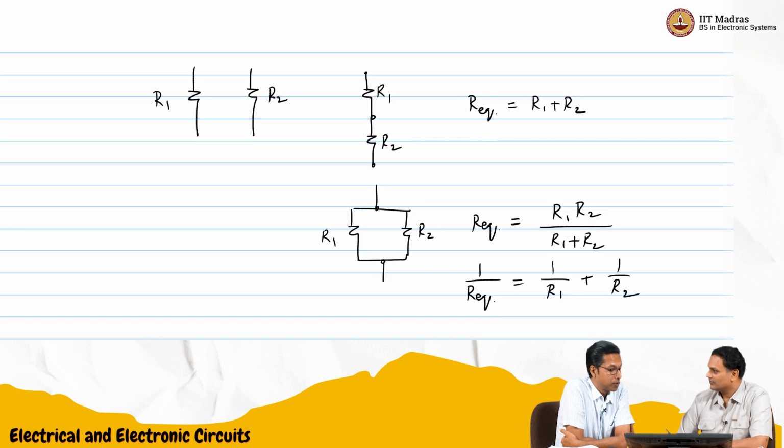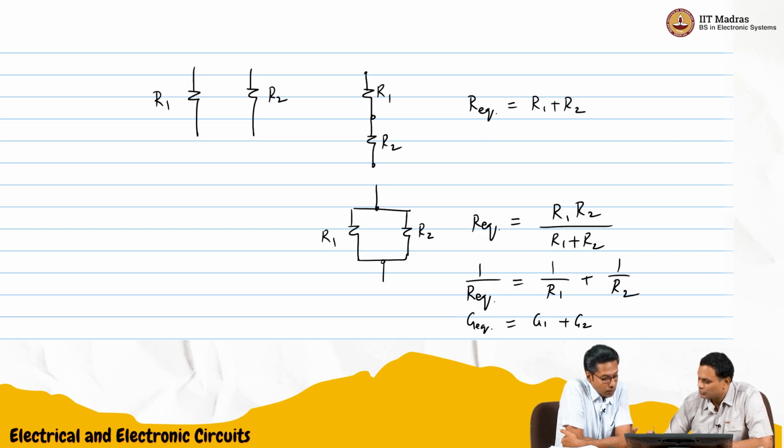This is actually conductance. So the equivalent conductance is simply the sum of the two conductances. If you have resistances in parallel, the effective conductance is the sum of the individual conductances.